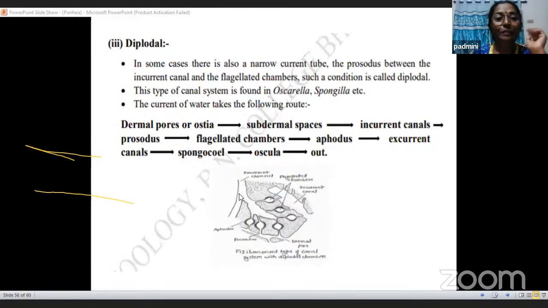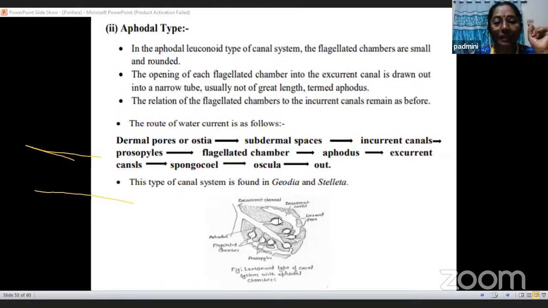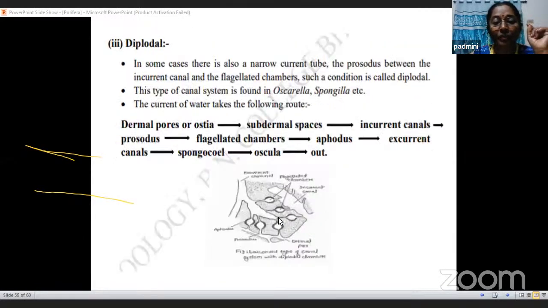And the diplodal type of canal system is again almost the same as the aphodal type of canal system. The only difference is that the incurrent canals are a bit larger in this diplodal type. In some cases, very narrow tubes are also present.